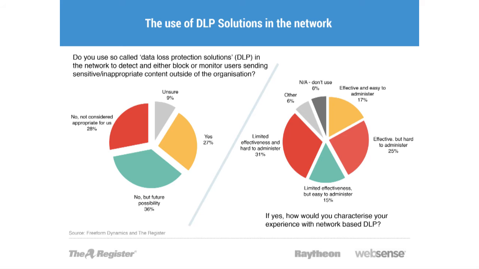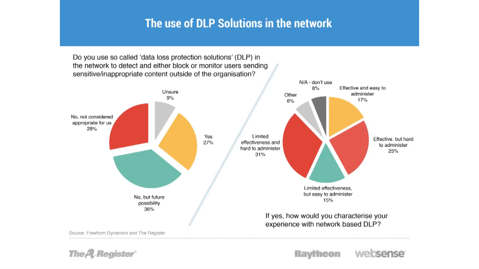But we asked again, about 18 months ago in a different survey, the audience about DLP generally. And as you can see, despite bigger, more sophisticated companies having DLP solutions in place, you can see from the chart on the left that lots of people still do not have DLP solutions in their environments. A lot of them will be smaller and mid-sized businesses, but they're really challenged with actually getting it working.